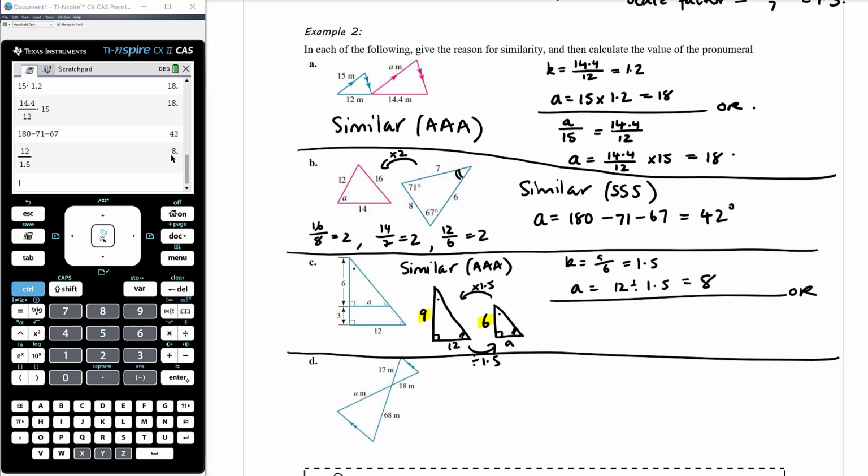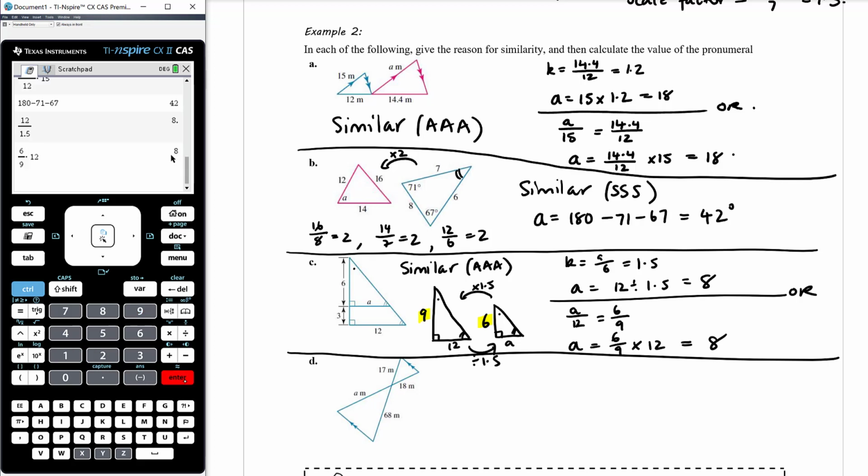Or we use the ratio. Personally I would do it this way: A divided by 12 is the same as 6 divided by 9, and so A is 6 divided by 9 multiplied by 12, and if we do that with our calculator, 6 divided by 9 times 12 is 8.